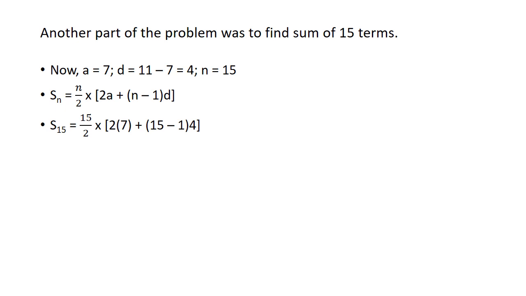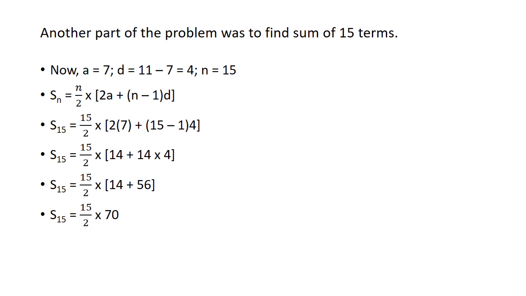First of all, we'll find out the bracket part of this sum. 7 2s are 14, 15 minus 1 is also 14. So 14 plus 14 into 4 inside the bracket. First we have to do multiplication. 14 4s are 56, 56 plus 14 is 70. So the bracket is solved. From the bracket we got the number 70.